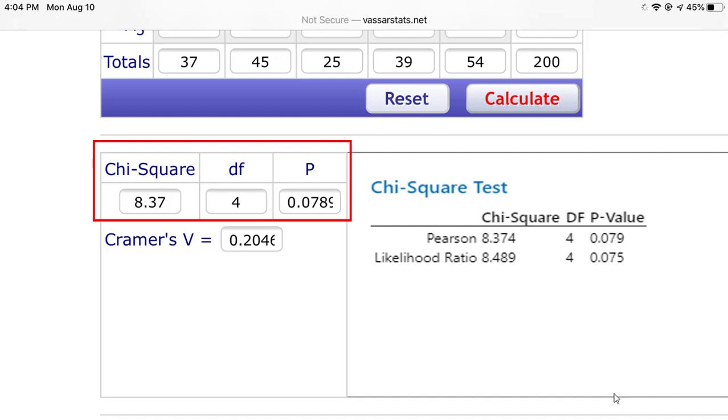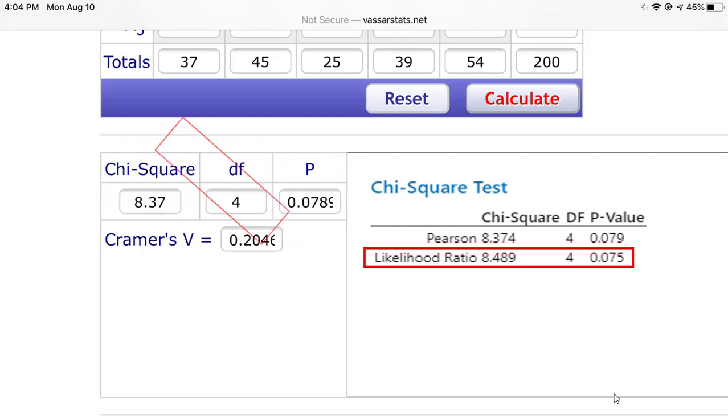The degrees of freedom are the same, and the p-value, Minitab has approximated to 1 decimal, so here you have 0.0789. Okay. However, in your report, you're not going to be reporting Pearson's chi-square. Rather, you're going to be reporting the likelihood ratio and the p-value for that. Okay, so this is why we still need to do Minitab.